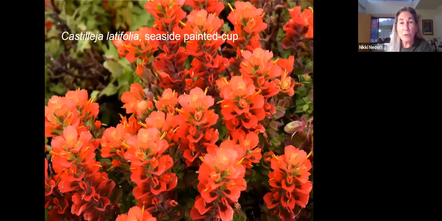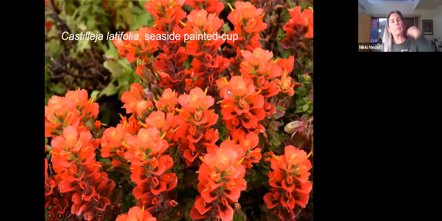A dune flower that I really like, Castilleja latifolia, restricted in population to the dunes. This is a paintbrush, but it has really rounded orange bracts. These little yellow things are the flowers.